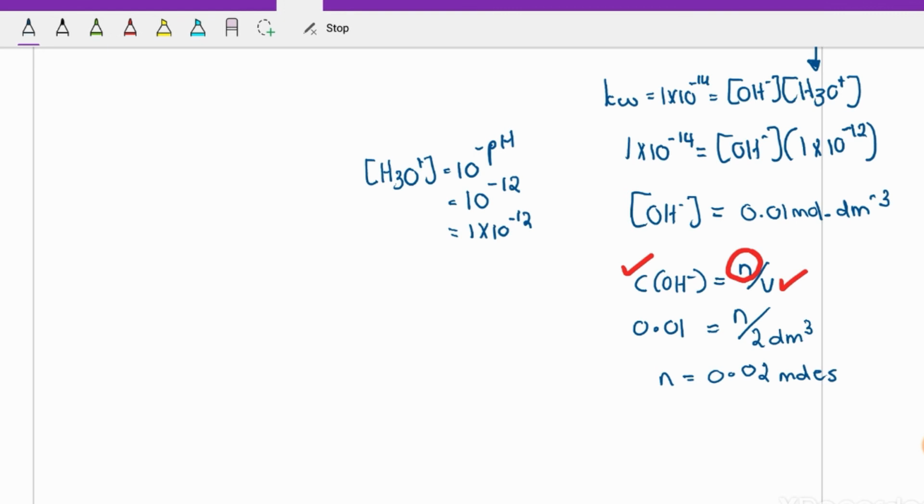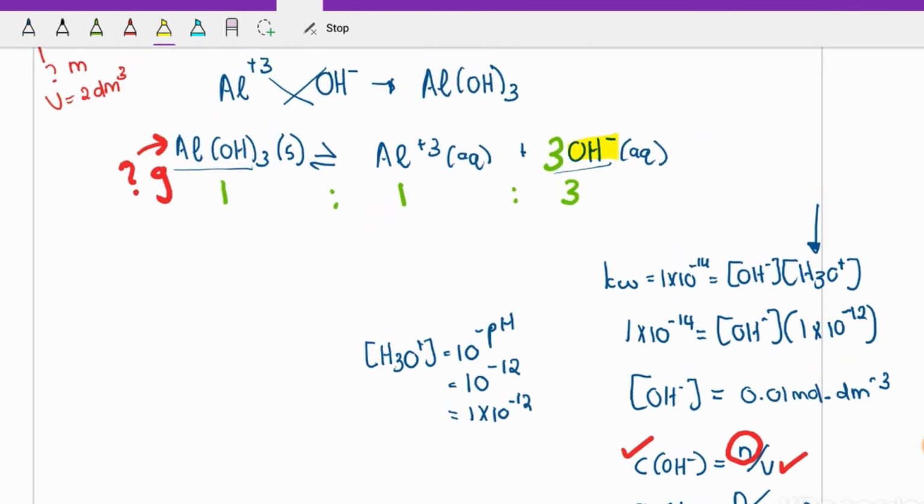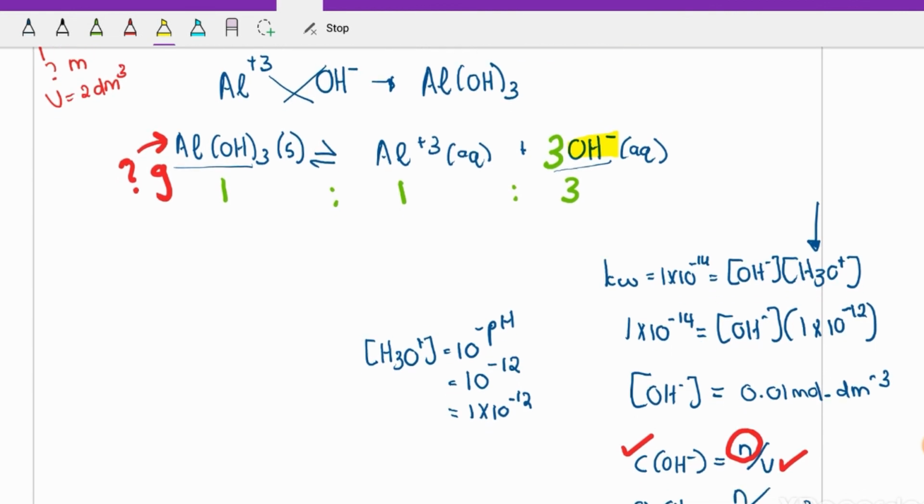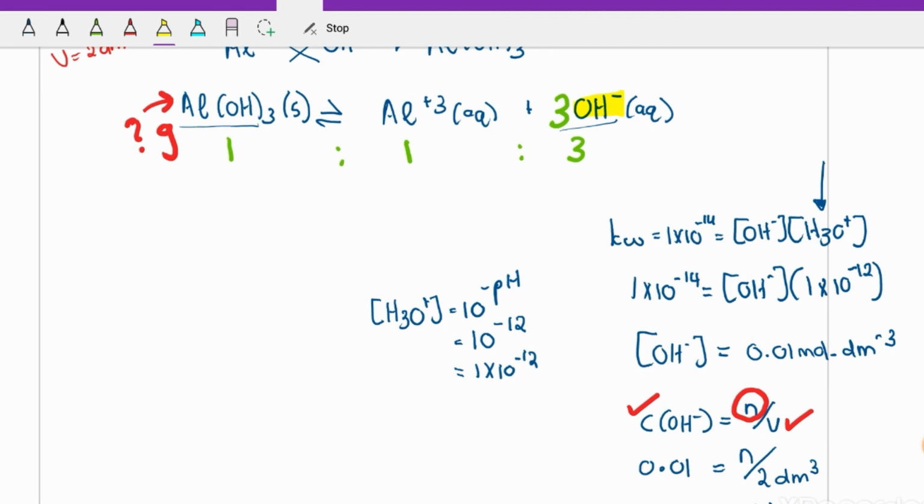Okay, so now you have the moles of your hydroxide ions, and now straight from that information you can compare the moles. Okay, we always compare moles, and from that you can then work out the mass of your aluminium hydroxide. So let's quickly do that.